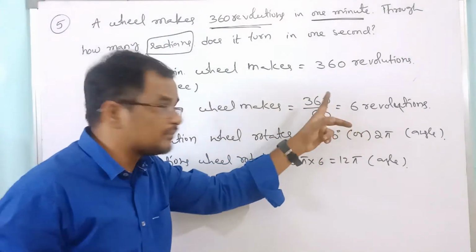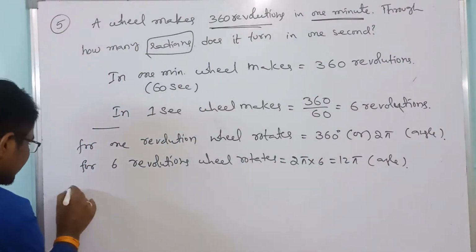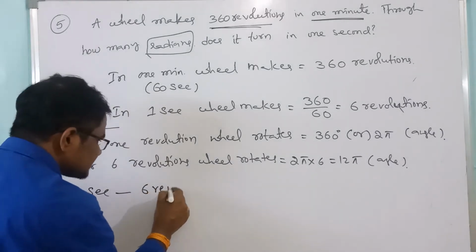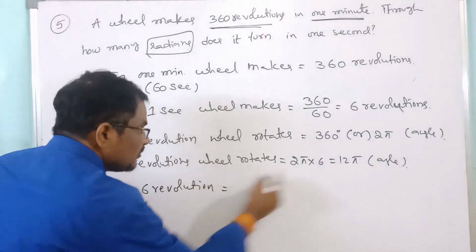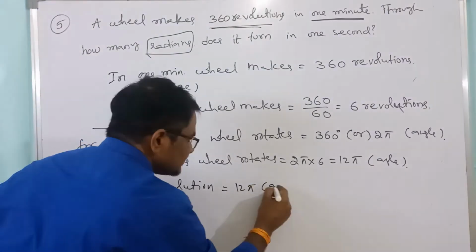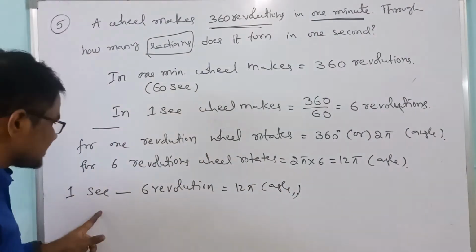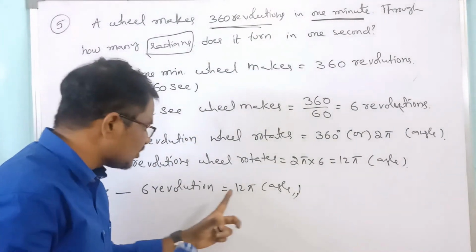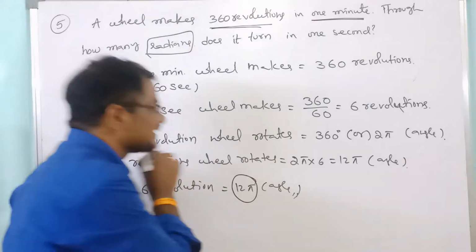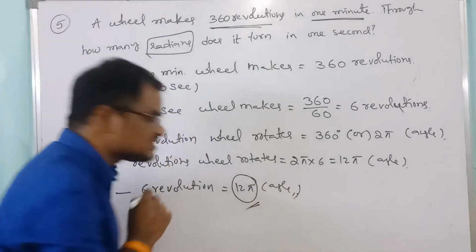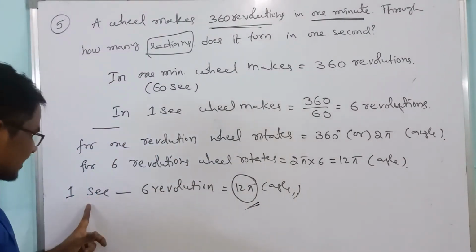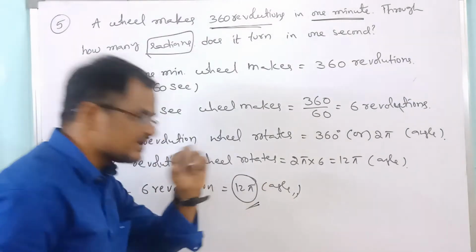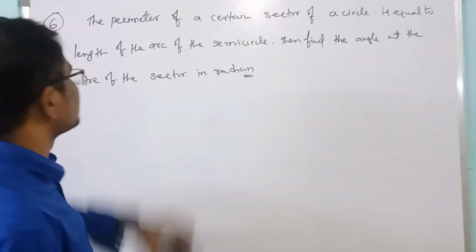So in 1 second, 6 revolutions, how much angle? 12 pi, right? So our required angle is 12 pi radians. In 1 second, 6 revolutions, 12 pi radians. Right?